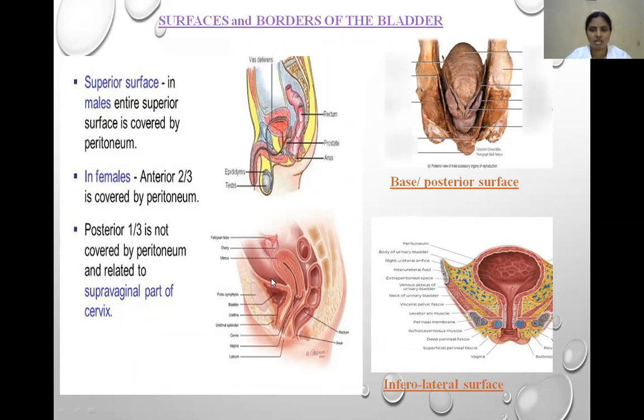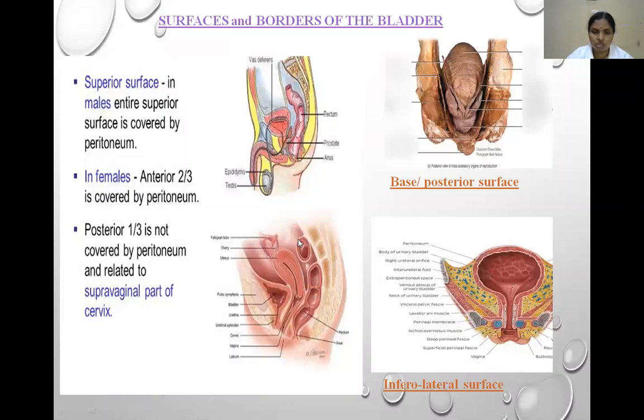Behind, the peritoneum reflects from the rectum onto the urinary bladder in case of males. Whereas in females, the peritoneum reflects from the rectum onto the uterus. So what is this extension?